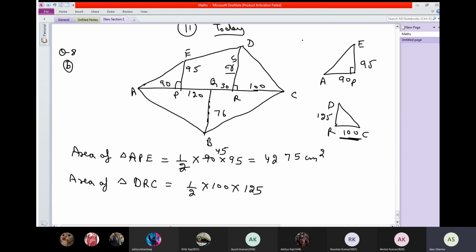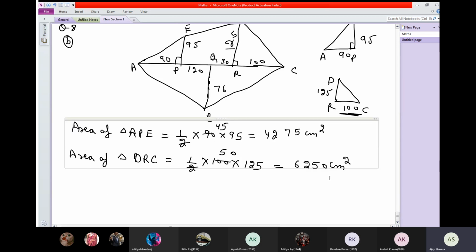When you solve it, 2 can cancel 100 to 50, and after solving you will find 6250 centimeter square. Clear?